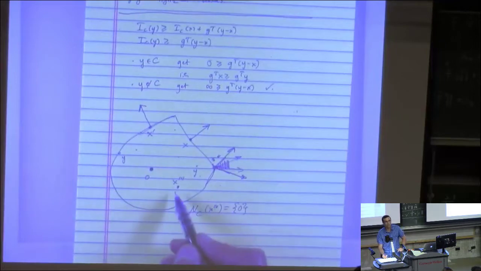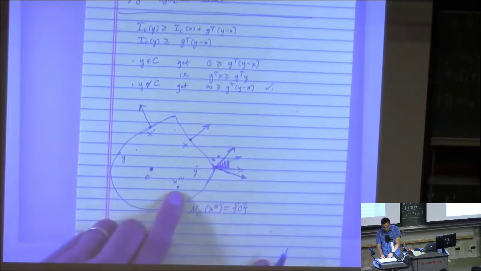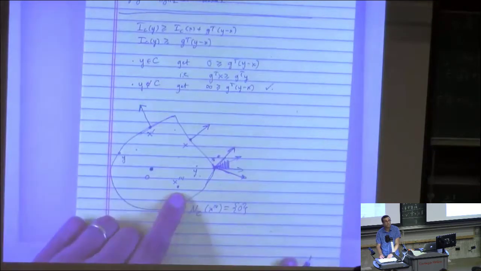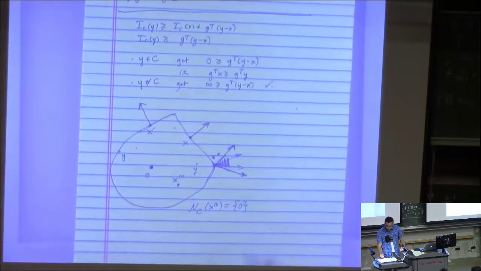If it's in the interior, then if you give me any vector g, I can always find a point that has a greater inner product with g than x triple prime does, because everything in a ball around x triple prime is still in the set, and one of those points will be better aligned with the g you chose. So it's kind of vacuous in the interior, which is why I was drawing on the boundary.